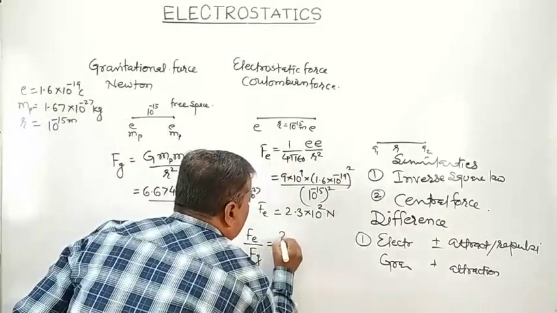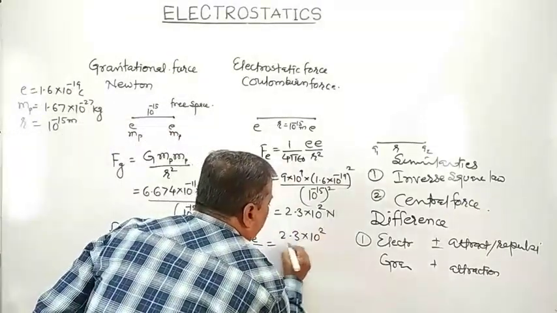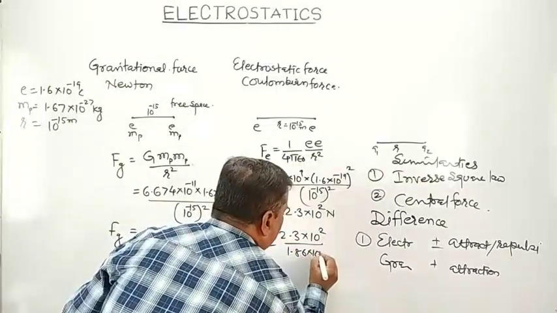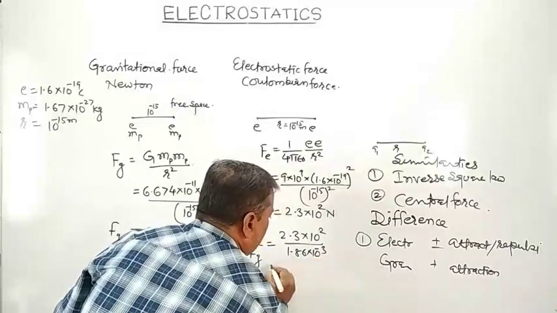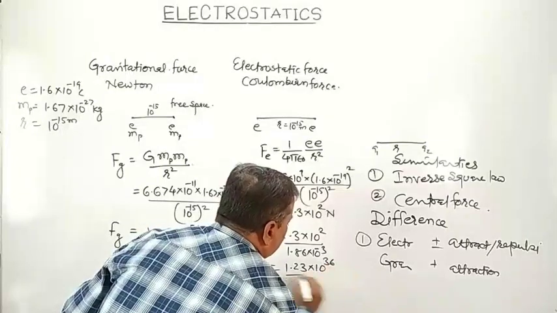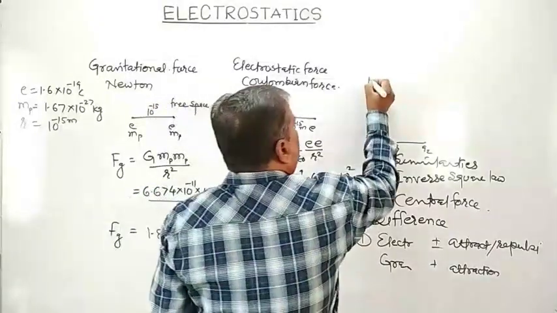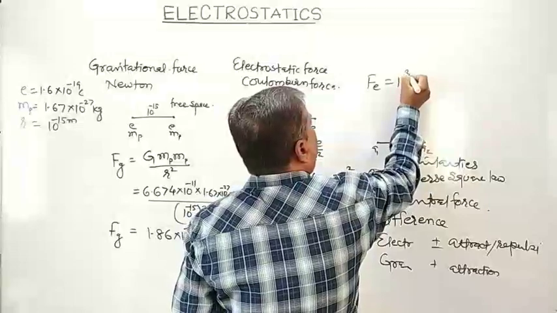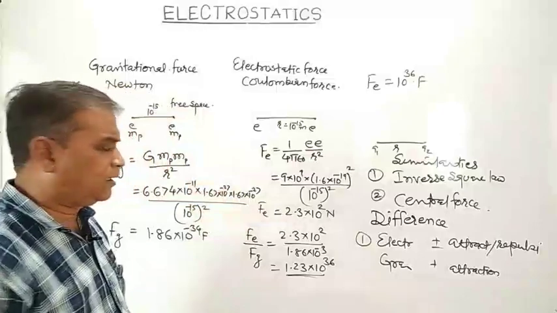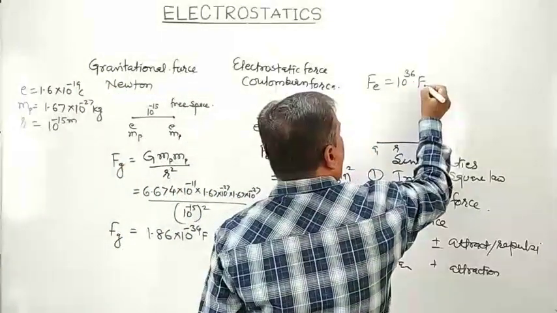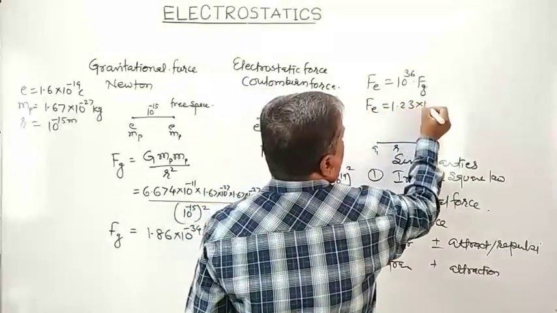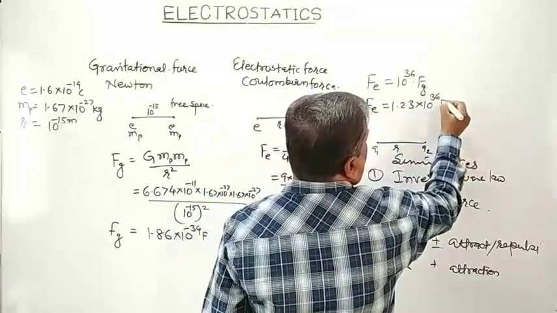So Fe upon Fg, 2.3 into 10 to the power 2 divided by Fg, which is 1.86 into 10 to the power minus 34, and if you calculate it, it comes to be 1.23 into 10 to the power 36. It means electrostatic force is approximately 10 to the power 36 times that of the gravitational force. Actually Fe is equal to 1.23 into 10 to the power 36 times that of Fg.